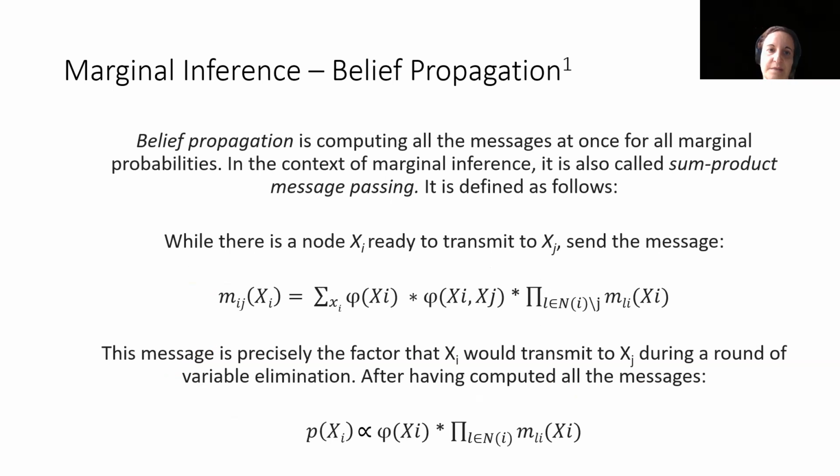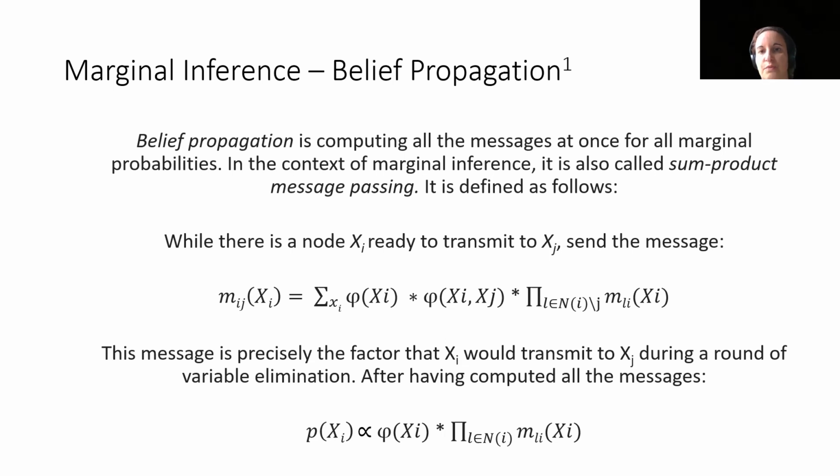We call this algorithm message passing because it is based on these messages, which are the intermediate computations of sums. And passing comes from using this individual computation in order to create another intermediate computation, another sum. So this message passing algorithm, in the case of trees, is called belief propagation.